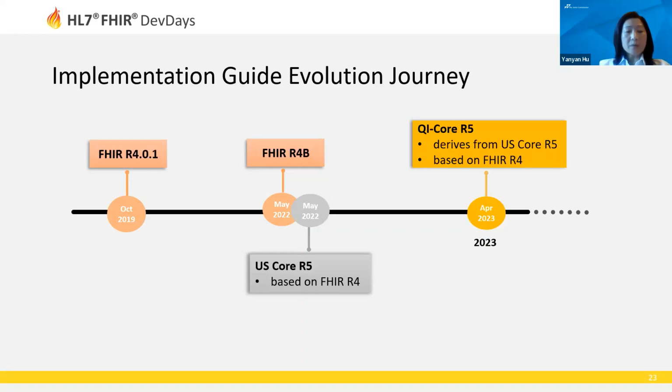Here you see the most recent QI-Core R5 was released in April 2023 this year, which aligns with US Core R5 released in May last year. The US Core R5 is based on FHIR R4. The first FHIR IG was released in October 2019, and the most recent version R4B was released in May 2022 last year.